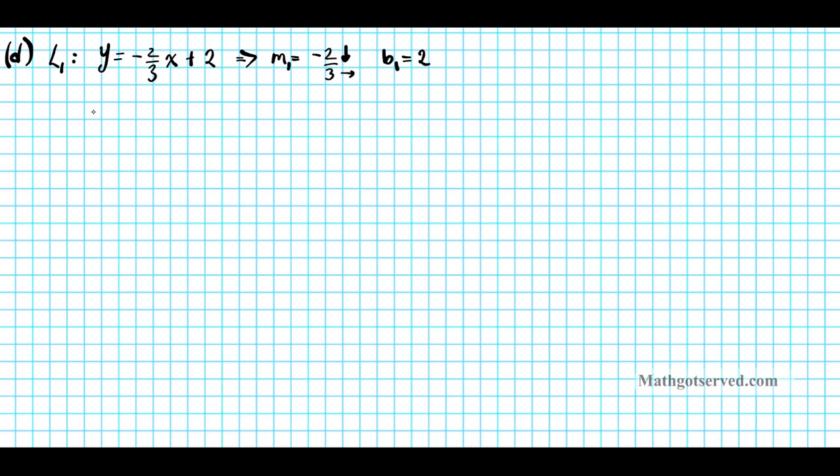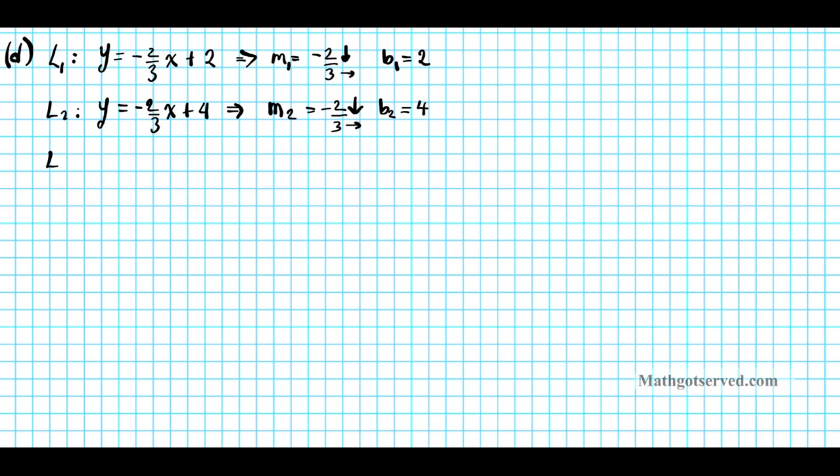And then for L2, we arrived at the slope-intercept form of y equals negative 2/3 x plus 4. What does this tell me? It tells me that the slope of line 2, M2, is negative 2/3, which means we're going to rise negative 2, down 2 units, and run 3. And then the y-intercept of line 2, B2, is 4.